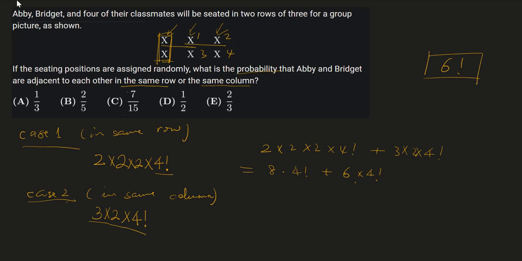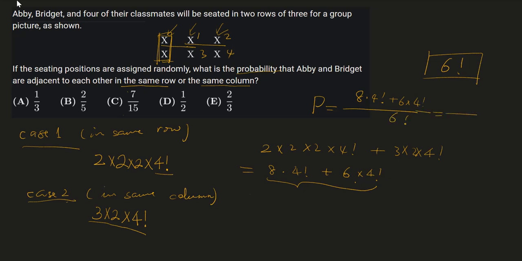You certainly don't want to compute these products and then sum, because it'll be a waste of time. Remember, our ultimate question is the probability. So when we take the ratio, many numbers can be cancelled out. So we have 8 times 4 factorial plus 6 times 4 factorial, divided by 6 factorial.